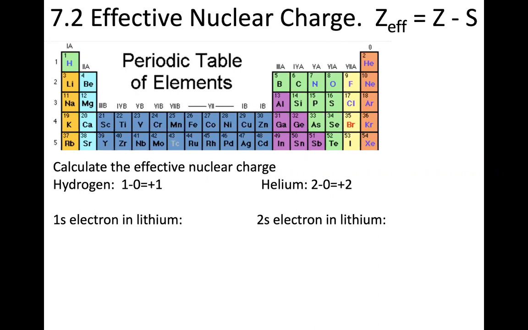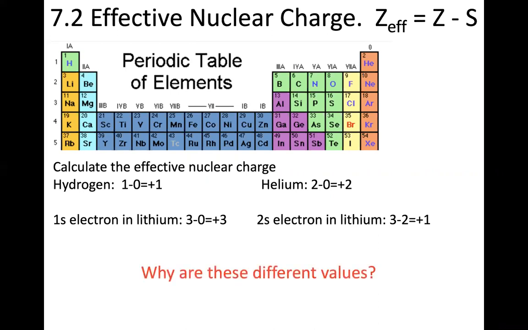When we were looking at lithium, we saw that there was a difference if we were calculating the value for a 1s electron versus a 2s electron. And beyond the calculation there, why are those different values? I think we can explain that. That's really a key idea of what is going on with effective nuclear charge.